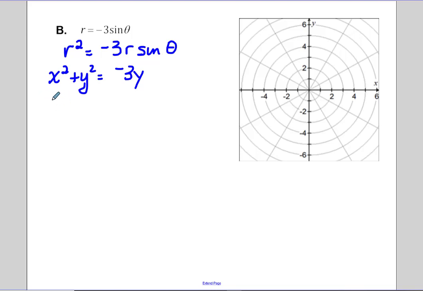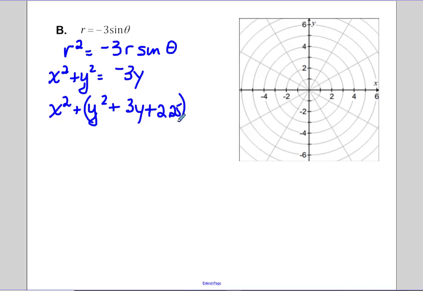So in this case, I would want to complete the square. So let's say we have x squared plus y squared plus 3y. So 3y, half of 3 is 1.5. 1.5 squared is 2 1/4.